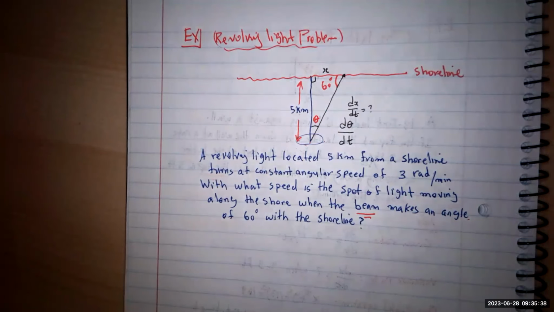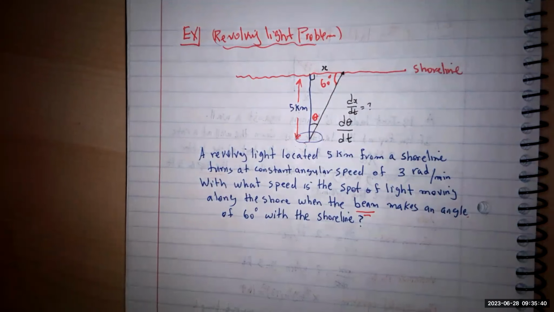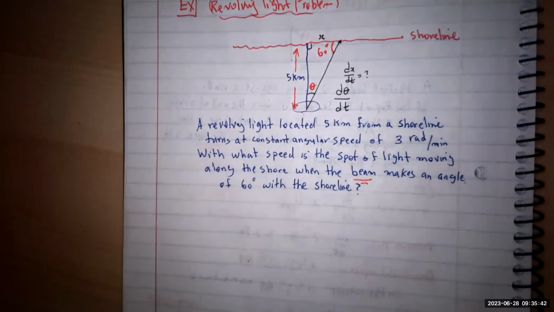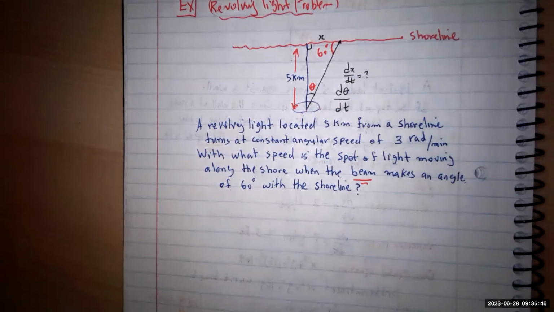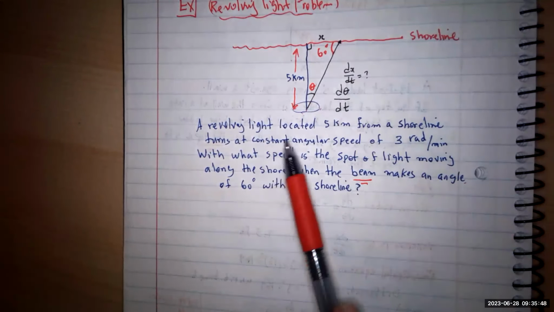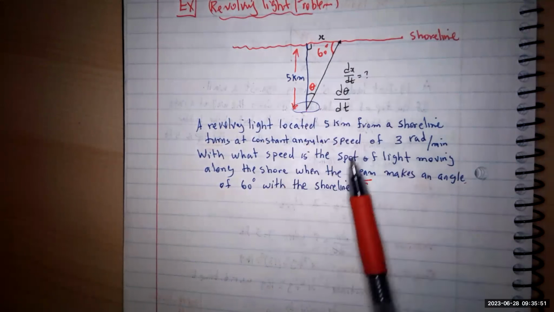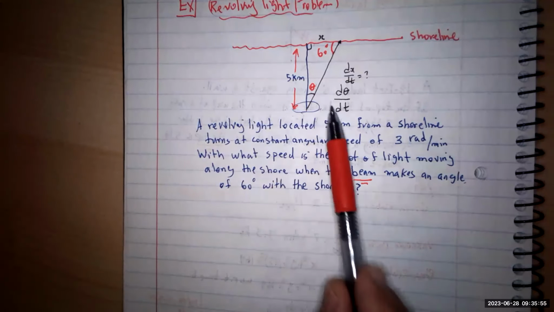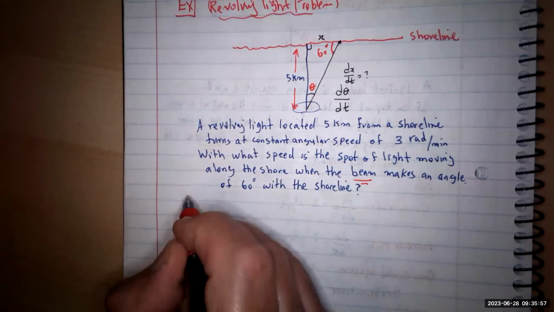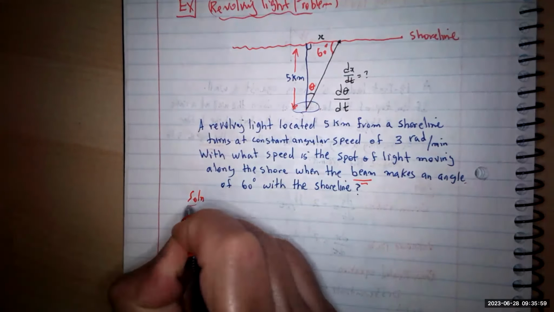So that's one. Now we set up the problem. As I talk about it, you have two rates to compare. The revolving light is 5 kilometers away, as we already identified. The angular velocity is dθ/dt.